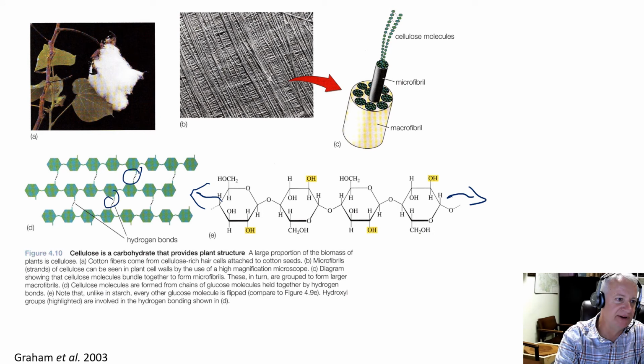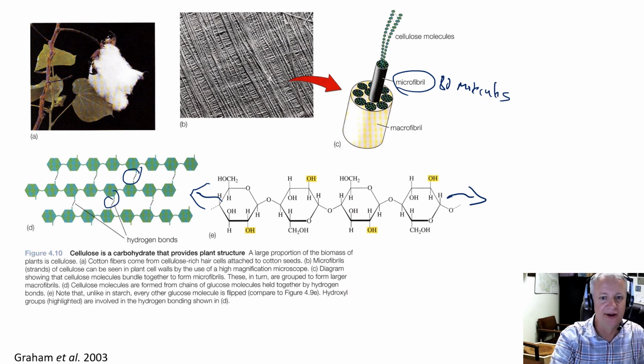So here's an example of 3 cellulose molecules that are starting to coalesce together and are weakly bonded together with hydrogen bonds. And then they coalesce into microfibrils that might be, maybe in the neighborhood of 80 molecules of cellulose bonded together, and then those can bond together into macrofibrils.